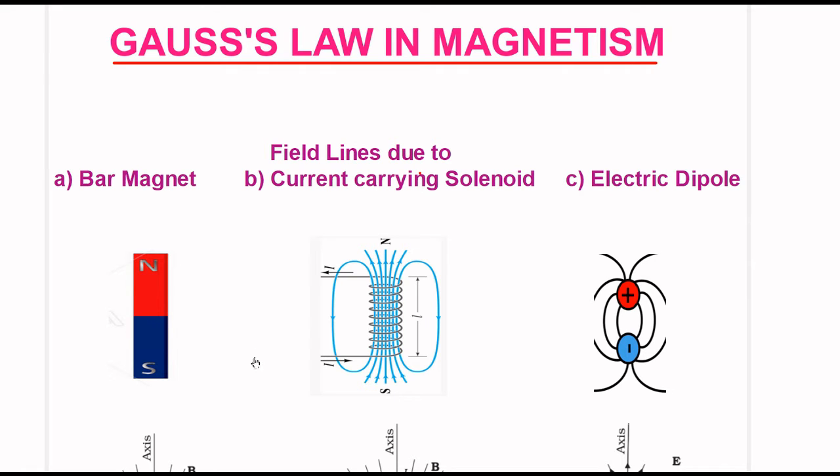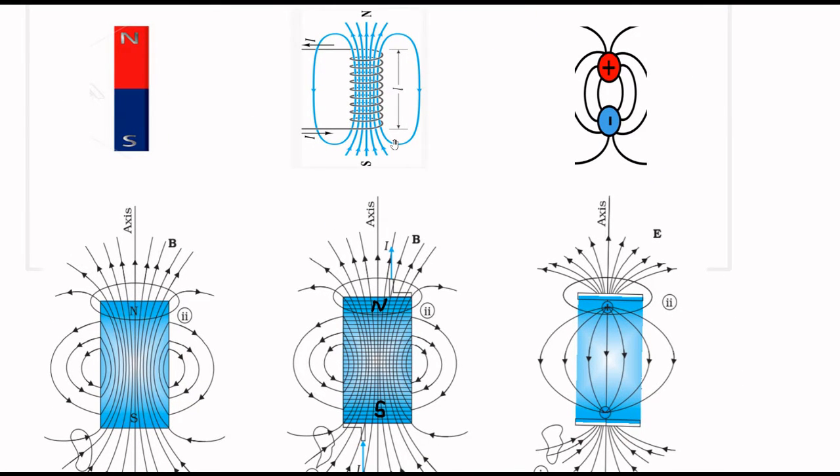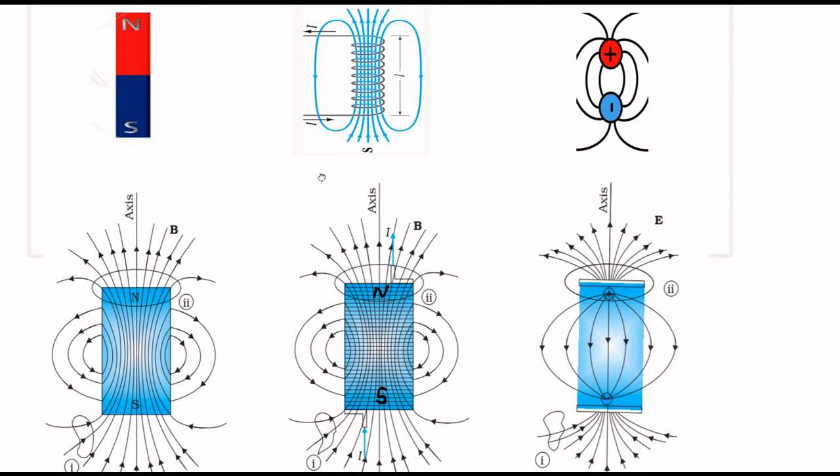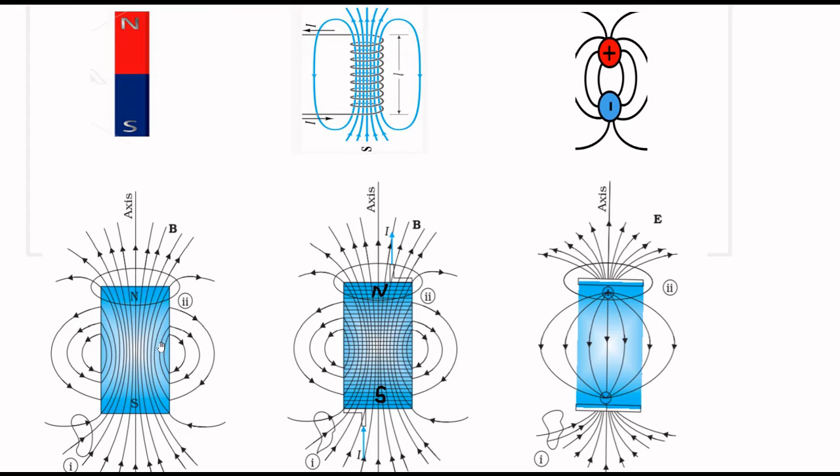Look at this bar magnet. In case of bar magnet and solenoid, magnetic field lines are produced. And we know the magnetic field lines form closed loops.